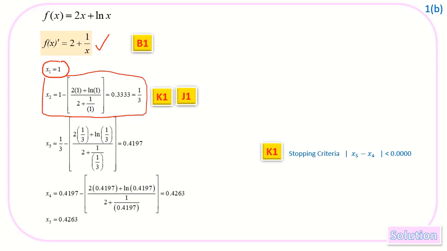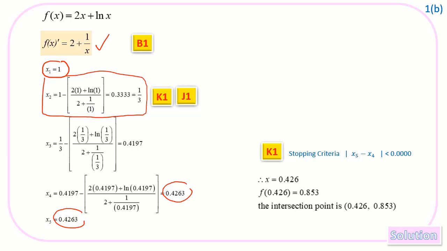Since we have the stopping criteria and we notice that for x4 and x5 the difference is less than 0.0005, we stop the calculation. So we give you a mark for the stopping criteria, and we proceed with the J1 for the correct answer of the intersection point. And remember, you must leave the answer in 3 decimal places.